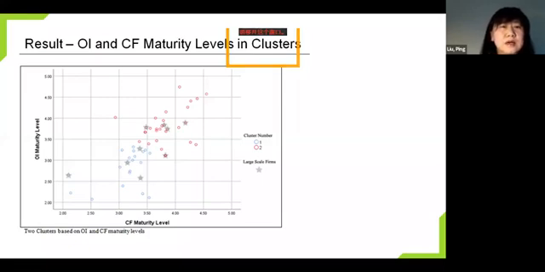And here is the result from the K-means clustering analysis. Companies are categorized into two clusters. As you can see, the blue circles are the companies in cluster one.